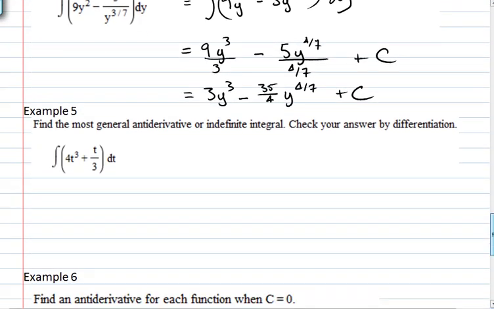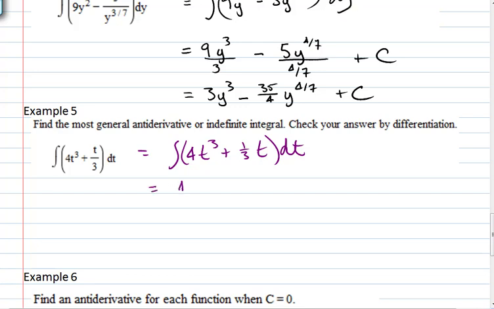All right, example 5. Find the most general antiderivative of the indefinite integral. It might help, once again, if you rewrite this. We can rewrite this as the integral of 4t cubed plus 1/3 t dt. So when we find the antiderivative, what do we do to the exponent? Add 1.